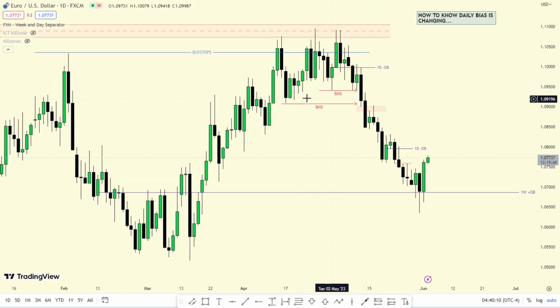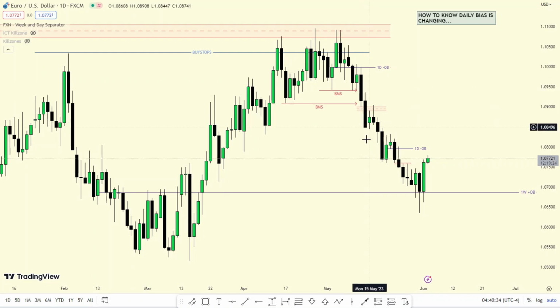Once it broke here, it's a good indication it will come for this one. And if we break this one, because this is a low that took out buy stops and went for this high, then that's a very clear low to watch, for you to start looking for lower prices and a probably confirmed shift in daily bias.